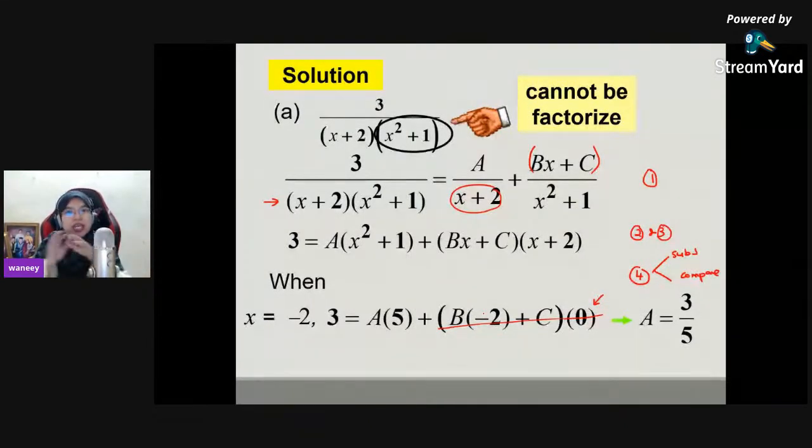So substitute any value of x and then you can easily calculate what is the value of B and C. Kalau dah siap nanti bagi tahu.